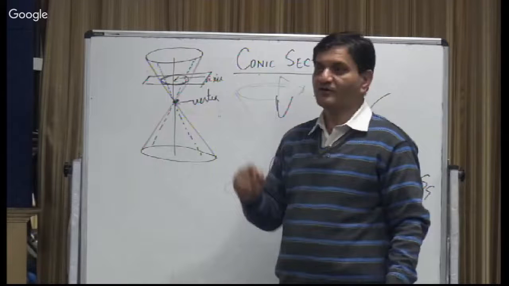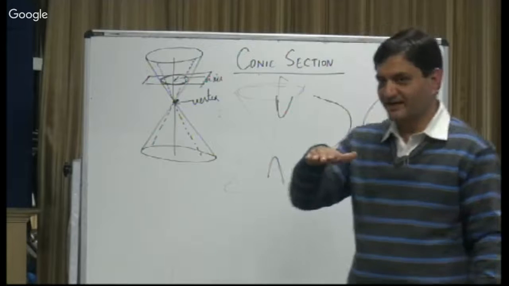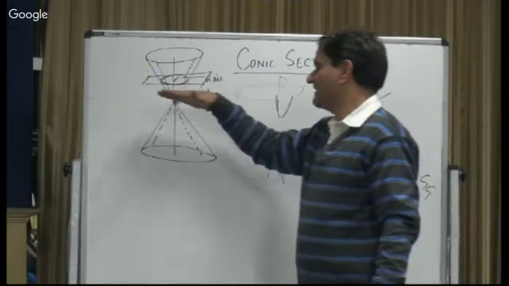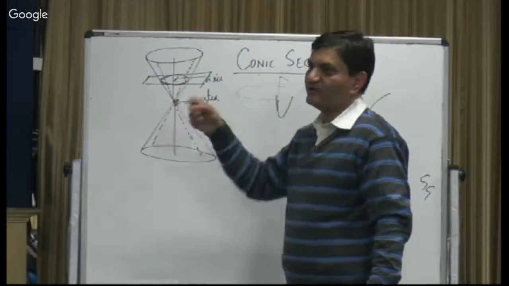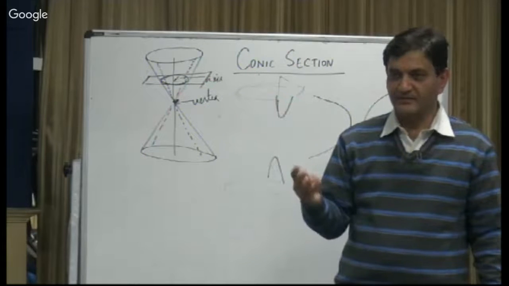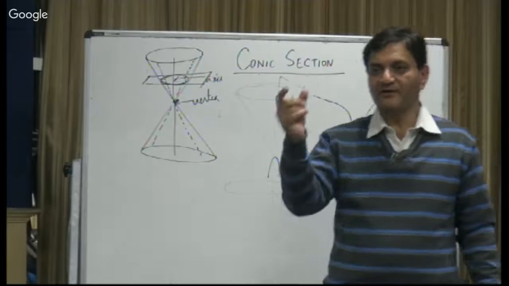You know, as a special case, you can also obtain a point. If the plane, not necessarily horizontal, cuts it like this, passes through this point, then you will get a point. So besides the circle, parabola, ellipse, hyperbola, you may get a pair of straight lines.